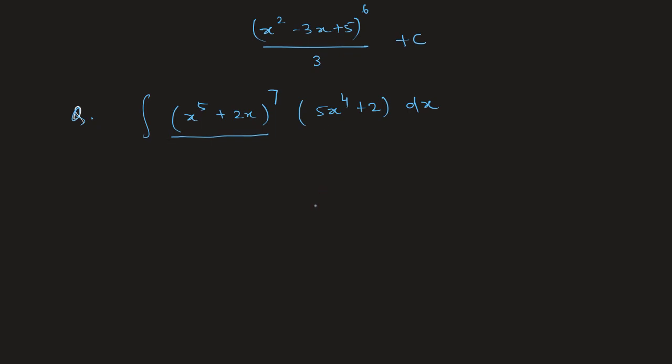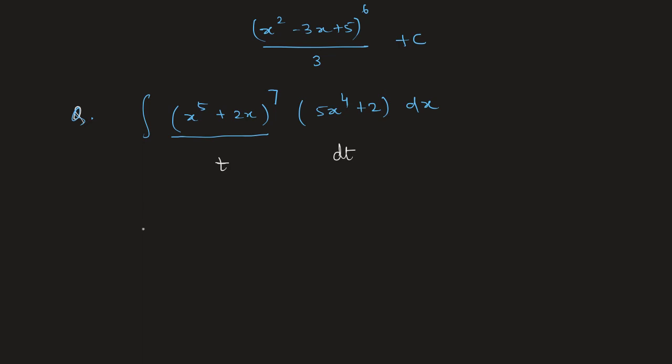Okay, now over here I observe that if I consider x to the power 5 plus 2x as my t, now differentiation of this is over here, I can easily see. Differentiation of x to the power 5 plus 2x is 5x4 plus 2, it's over here.